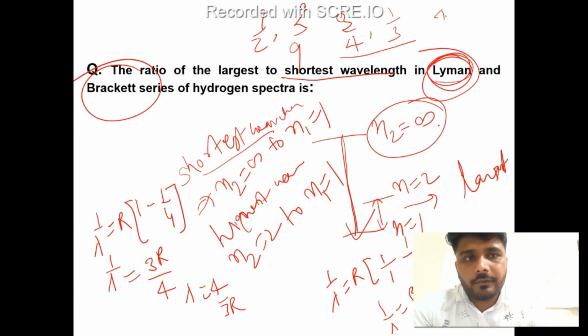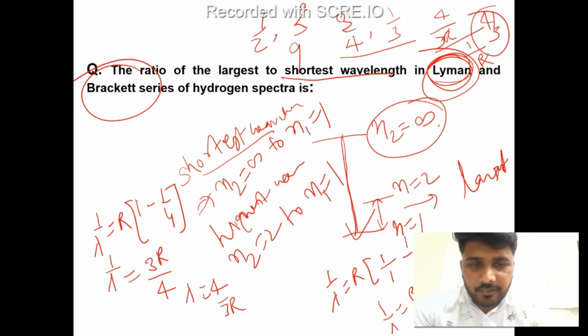So it will be 4 by 3R and 1 by R. It will be 4 by 3, not 3 by 4. Yes, you just do the reverse. How much? 3 only.